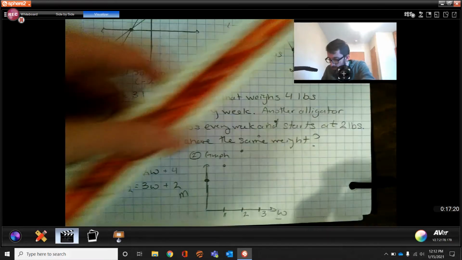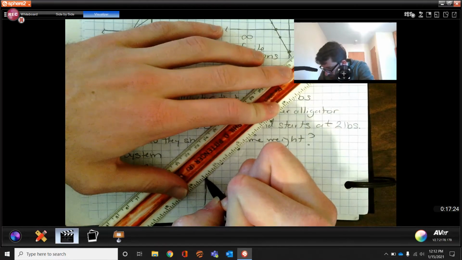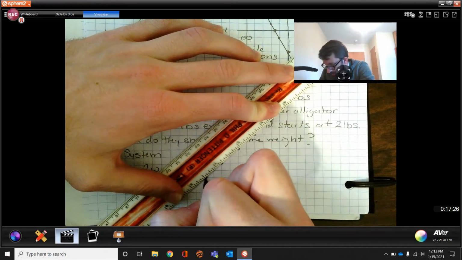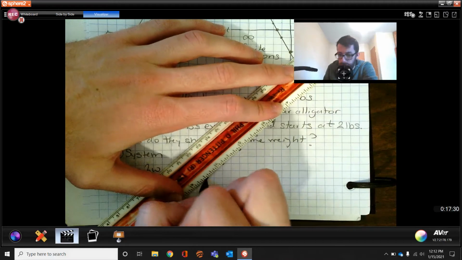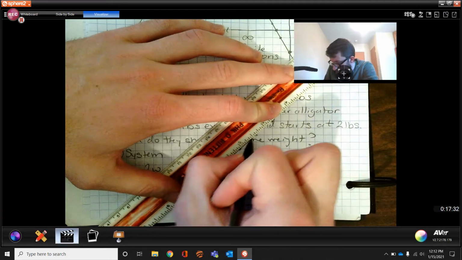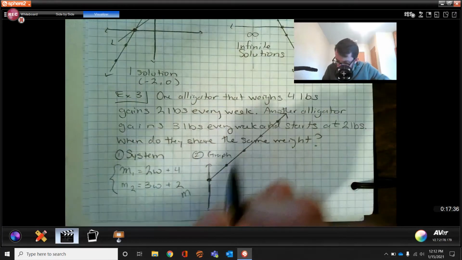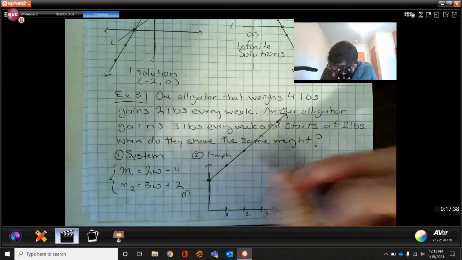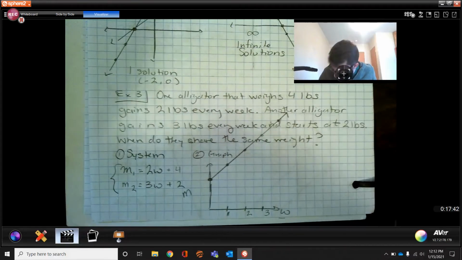Now, one thing to notice here, in this real-world problem, as in every other real-world problem, you should be using just that positive x and positive y, that first quadrant. So there's the mass of that first alligator as it goes up every week.